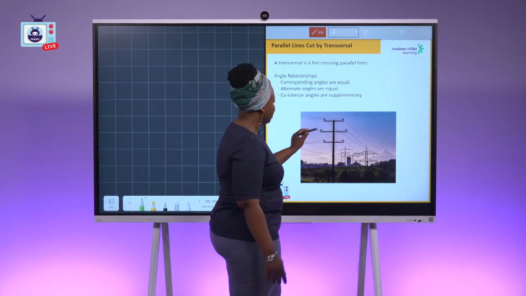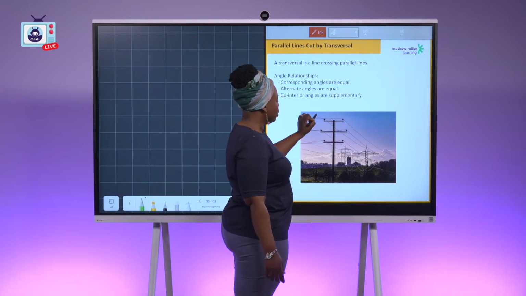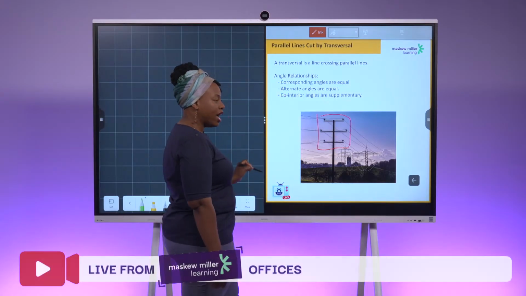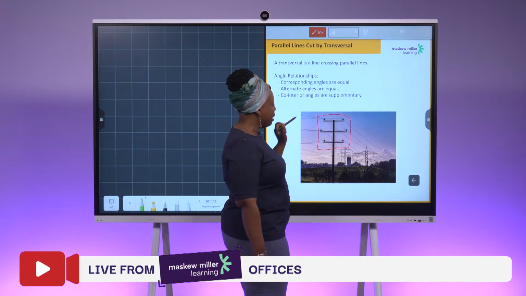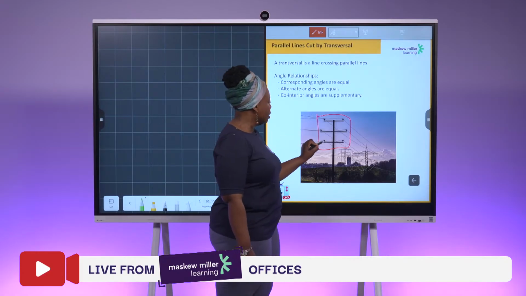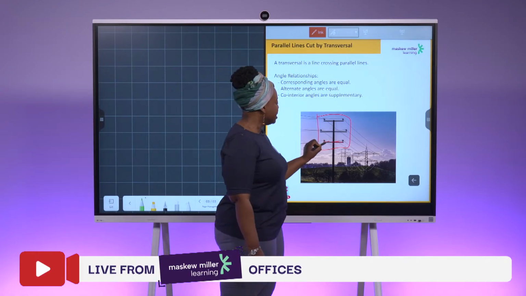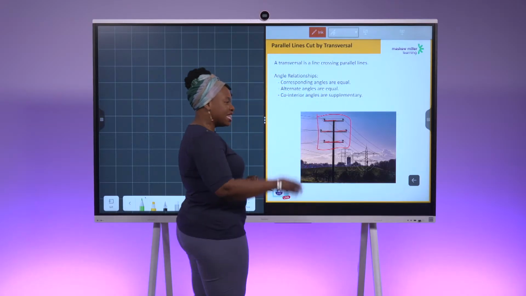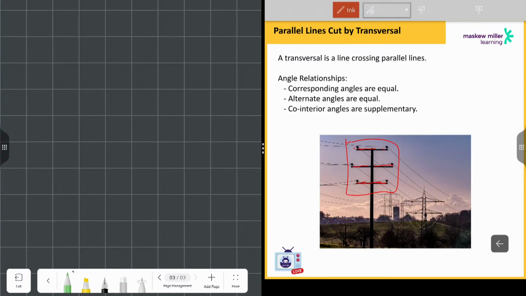I just put this to show you that we do use this information even in real life situations. So if you look at what I've highlighted there, it shows that my line that is going this way is actually parallel to this line as well as that one. If you look at that line properly, the definition of parallel lines is that parallel lines have an equal distance in between them, right?